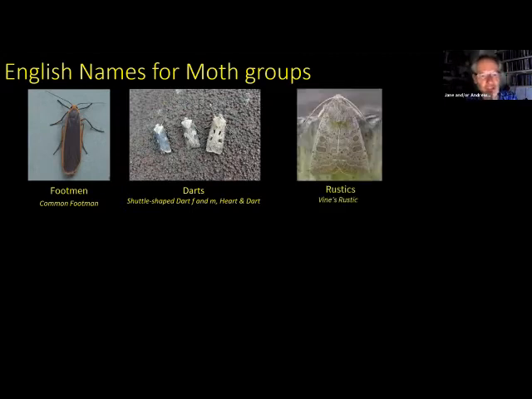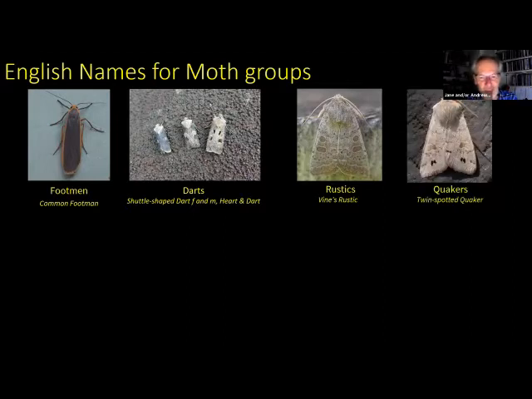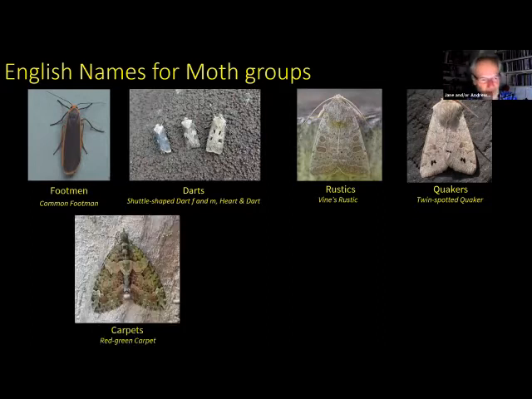Then we've got the rustics, the very drab, plain, rustic clothing that someone in a peasant or someone working in the rural area would wear. And we've got the Quakers, traditionally very ascetic, somewhat dowdy people following an undemonstrative religion, so that they are similarly dull brown and grey moths.